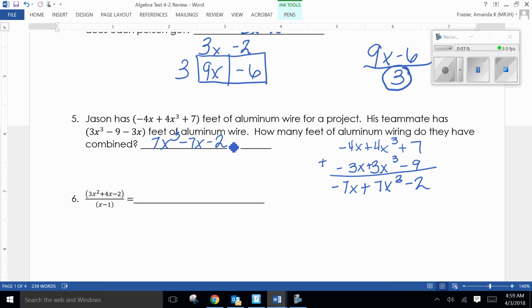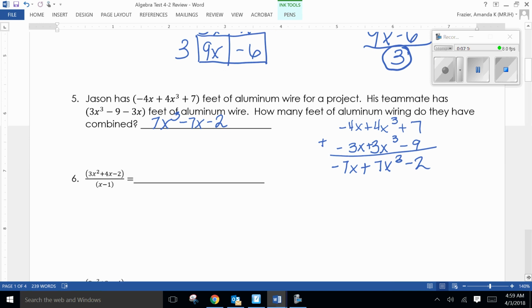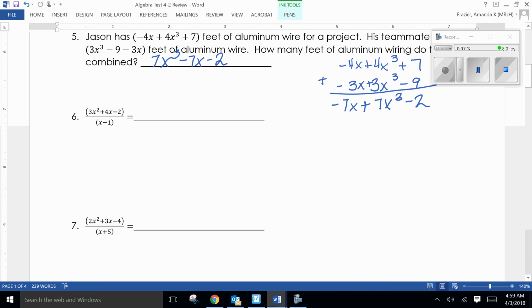Number 6, 3x squared plus 4x minus 2 divided by x minus 1. Okay, so I am going to use an area model because that's what I prefer.